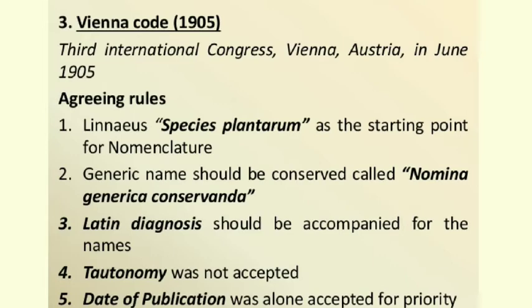Linnaeus's book Species Plantarum as the starting point for nomenclature means the book written by Linnaeus, the Species Plantarum, must be used as the starting point, the basic Bible for classification and nomenclature. Second, generic names should be conserved, called nomina generica conservanda.